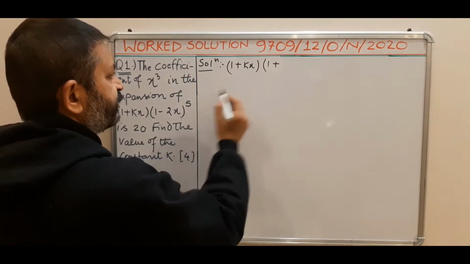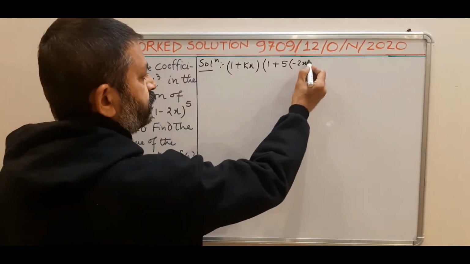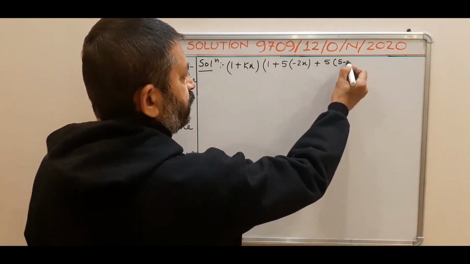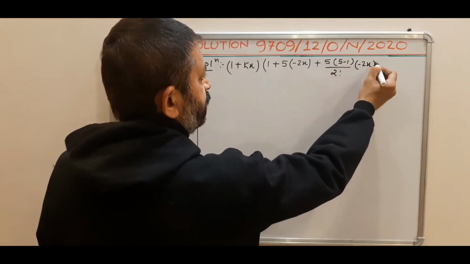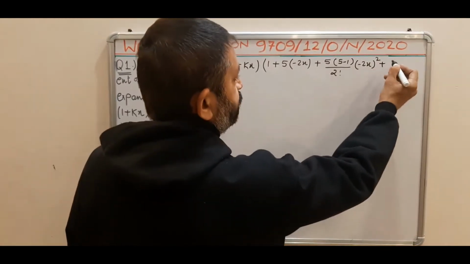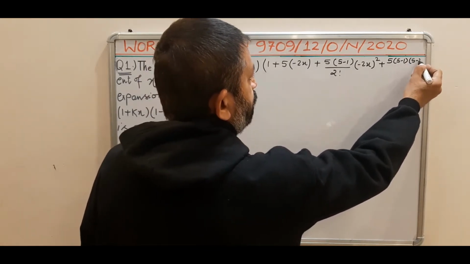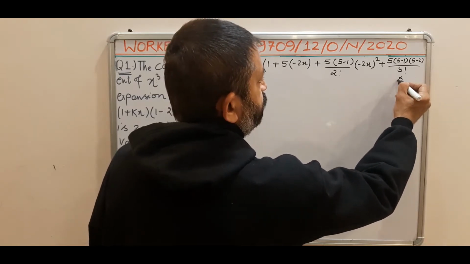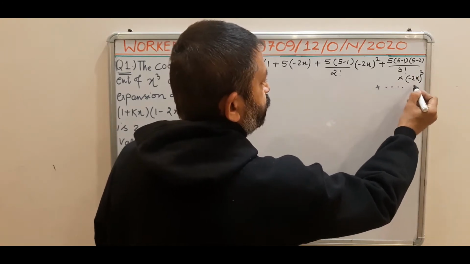What is your n? n is 5. x is −2x, plus n(n − 1)/2! into x squared, in place of x we have −2x, plus n(n − 1)(n − 2)/3! into (−2x) whole cube, and so on.